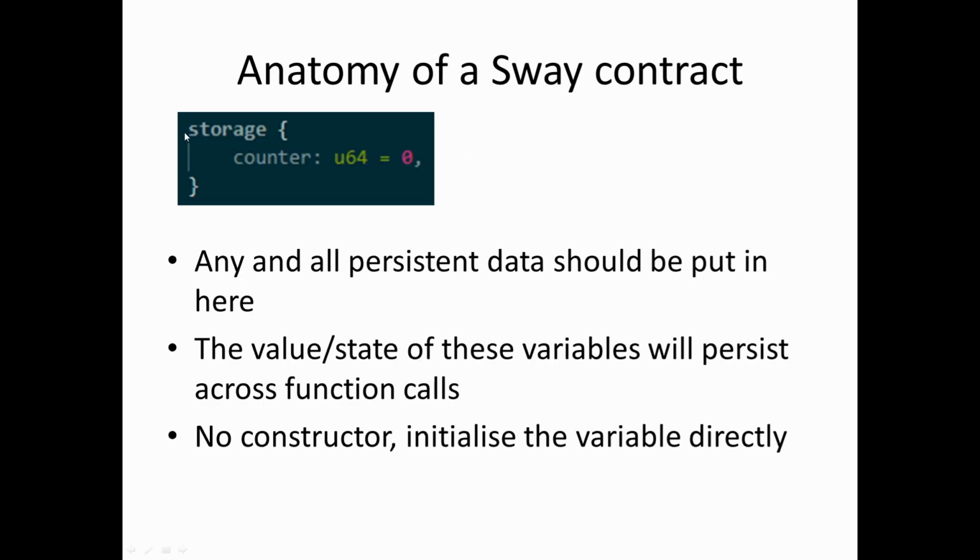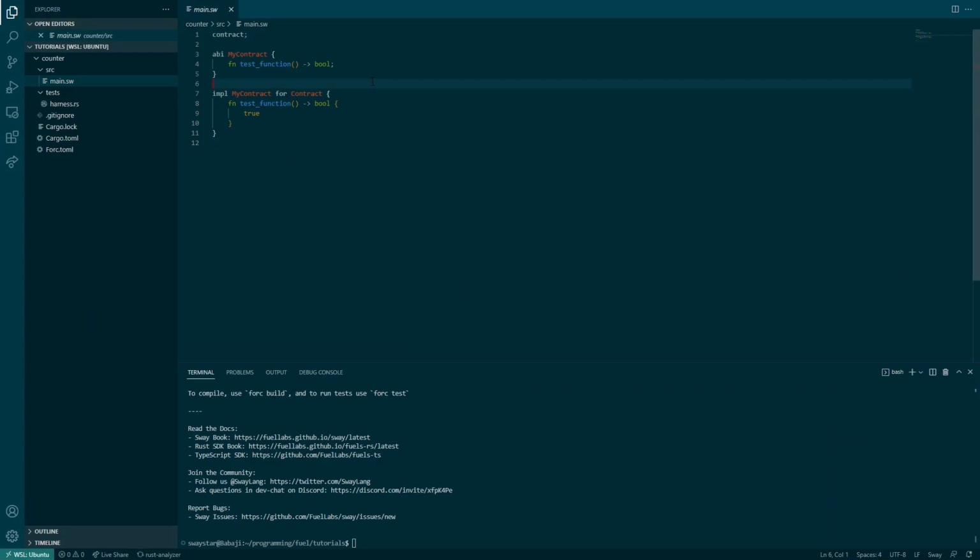There's also a storage keyword you can use to have storage variables. Let me make one. This allows you to have a variable, here count, which is of type u64, initialized at a value of 0.